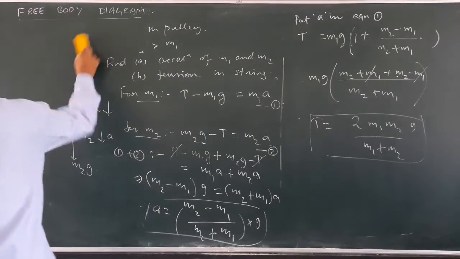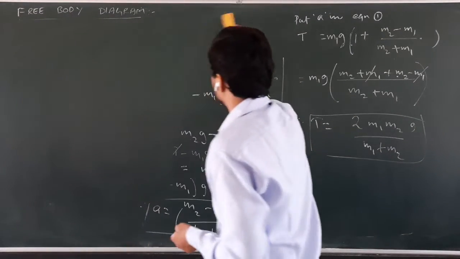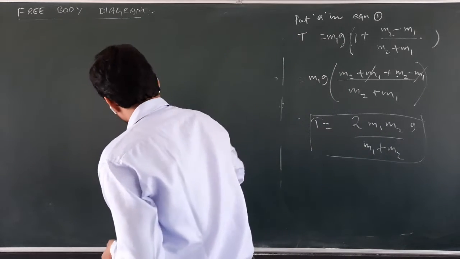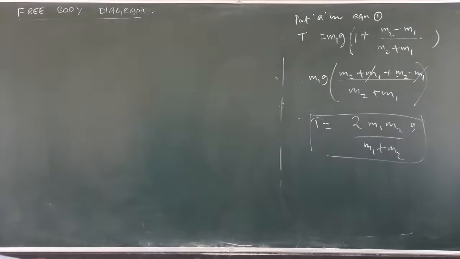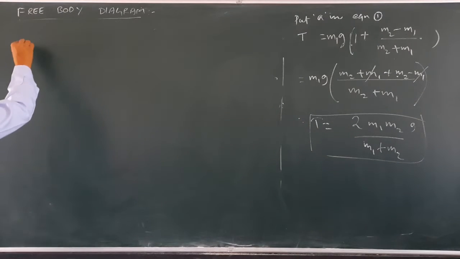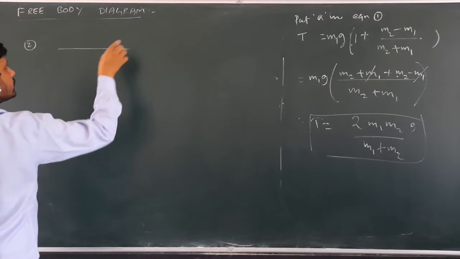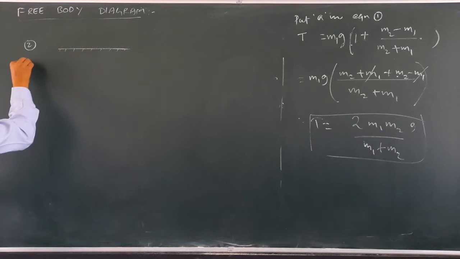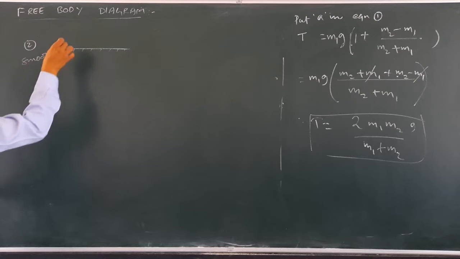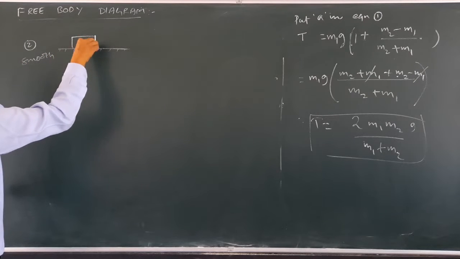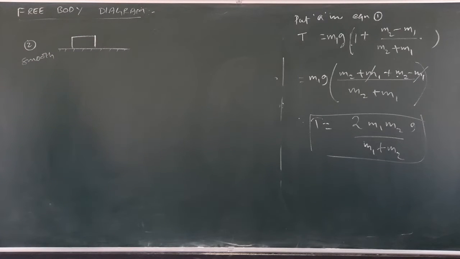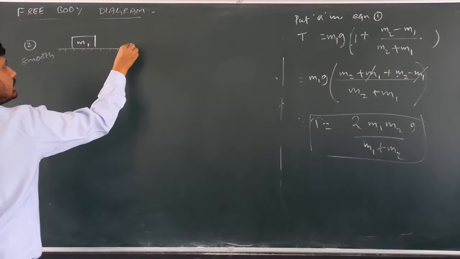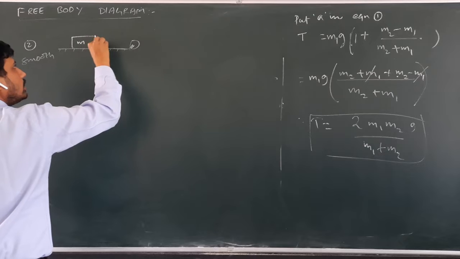So let's try to see some other questions. Suppose there is a smooth table. So this table is smooth. On this table there is a block whose mass is m1, and there is a pulley.